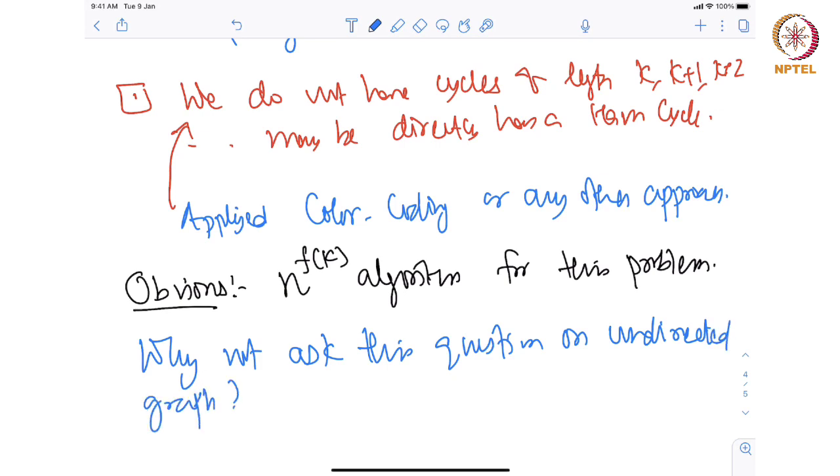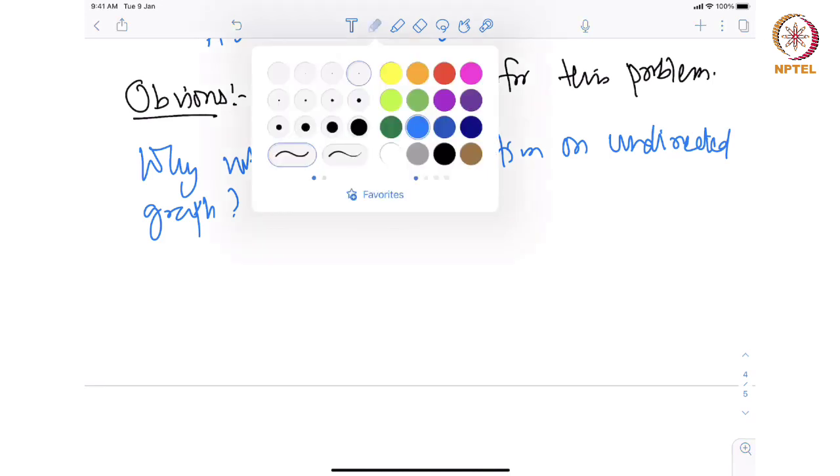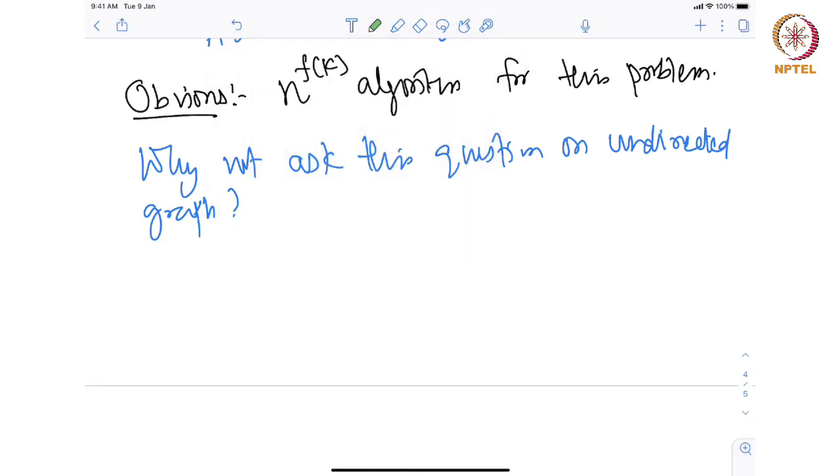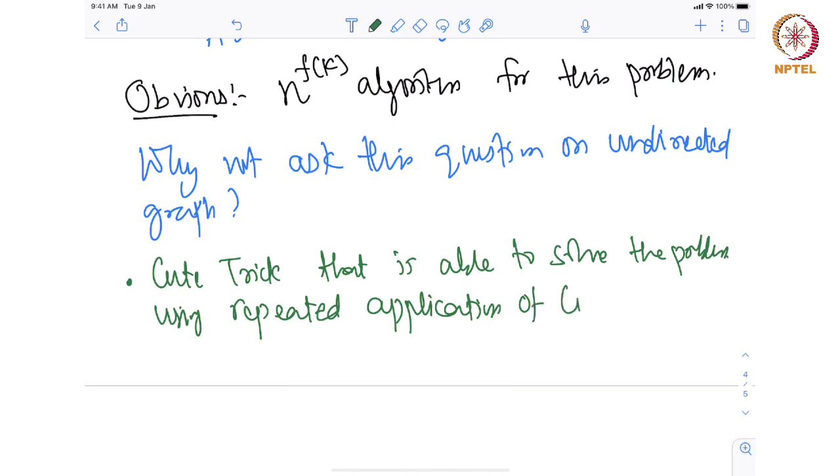Yes, this question makes sense even on undirected graphs, but for undirected graphs there is a cute trick that is able to solve this problem using repeated application of color coding.